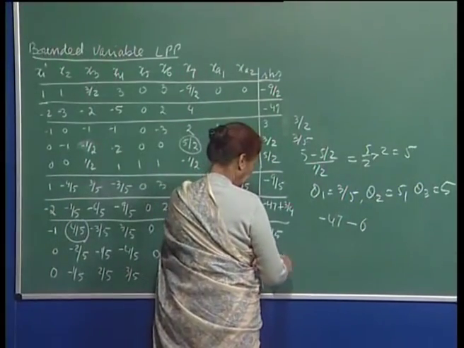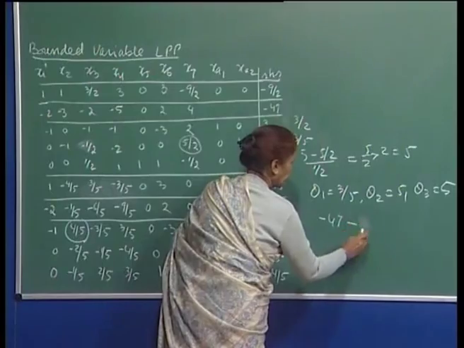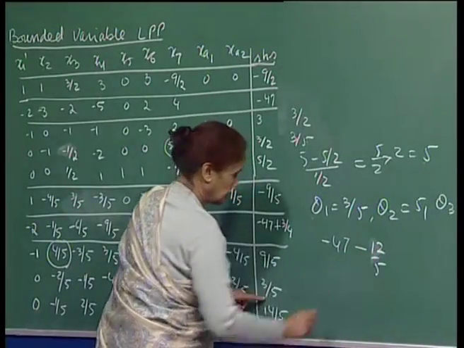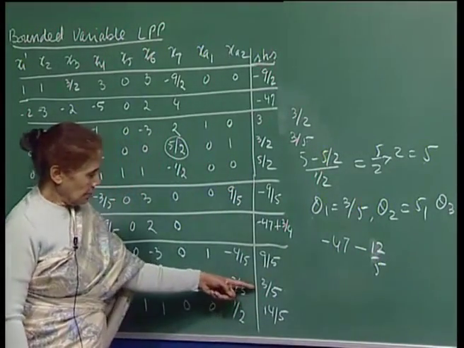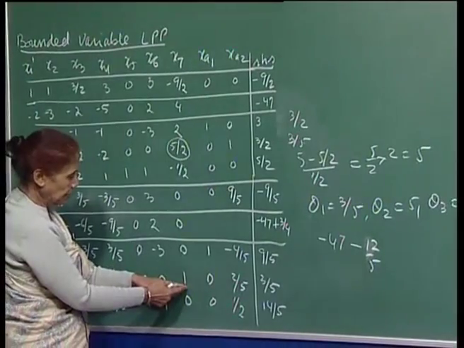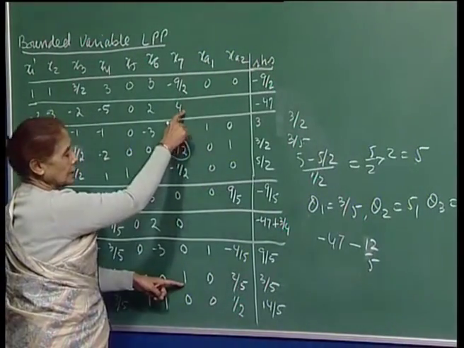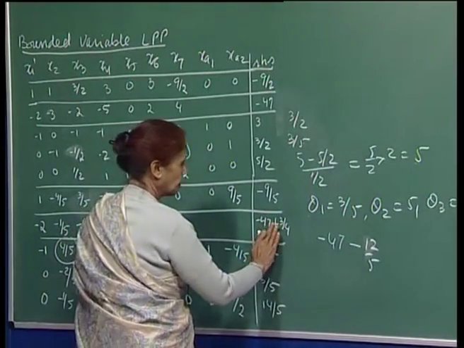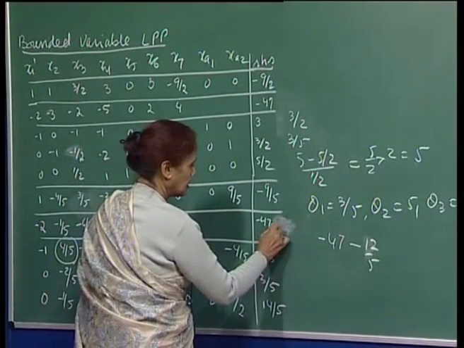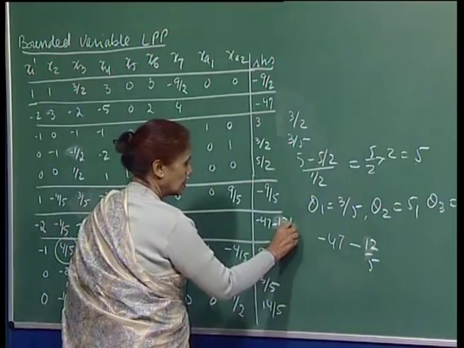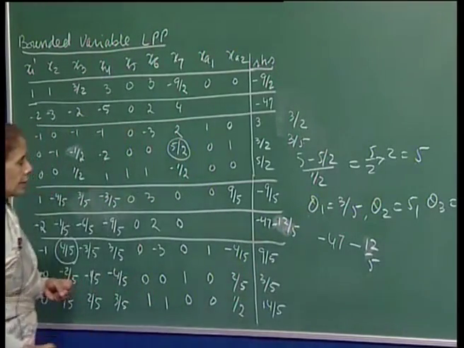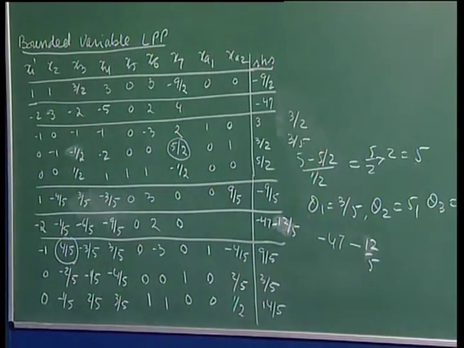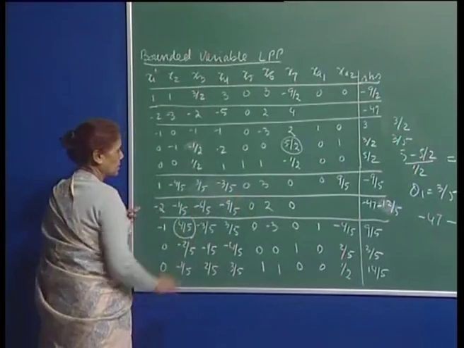So, 3/5 into 4, that is 12/5. Right. So, you have to multiply this by 4 and subtract from here. So, that is 12/5 subtracted. So, actually this should be minus 12/5. Okay, this is the new value of the objective function, and also make sure that these computations are okay.